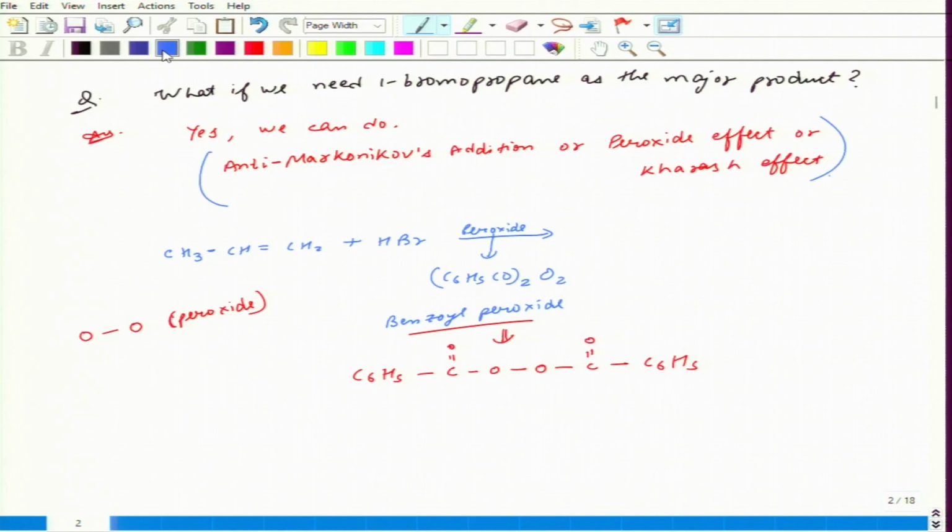That peroxide in this case creates an effect which produces 1 bromopropane as the major product, and we will discuss how this peroxide is creating this 1 bromopropane as the major product.